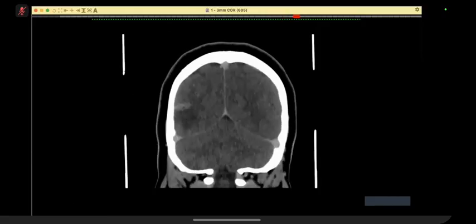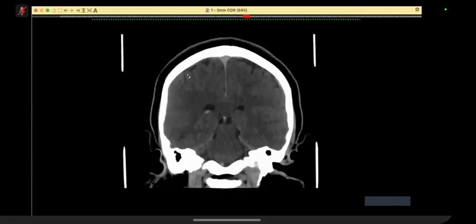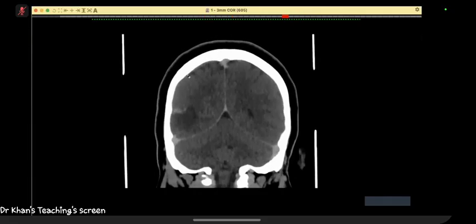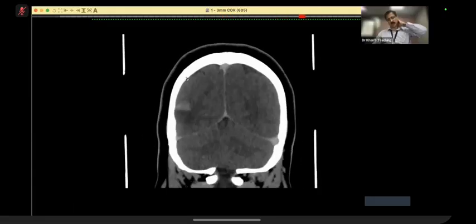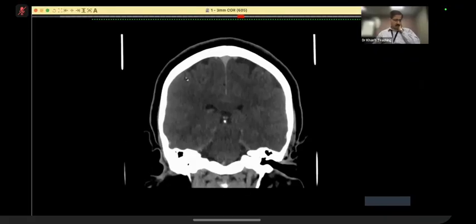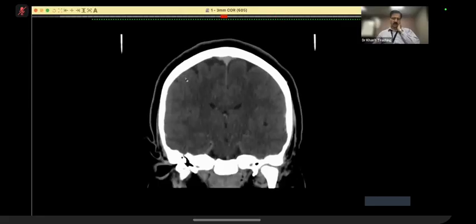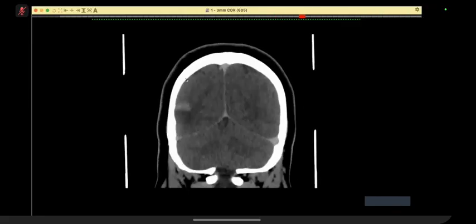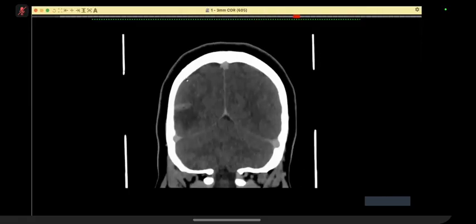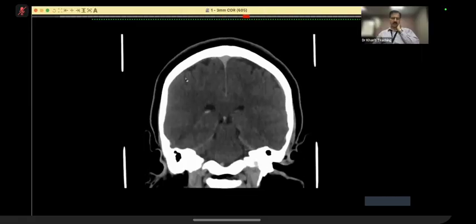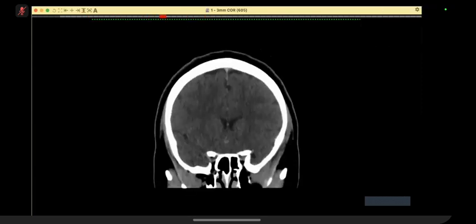So I would like to know the duration of the patient's symptoms, because there can be some infarct with gyriform enhancement. The patient presented in A&E, but these symptoms were going on for 5-6 days. Okay, so it can be some subacute infarct, which is showing some gyriform enhancement. What would you like to do next? I'd like to proceed with MRI.